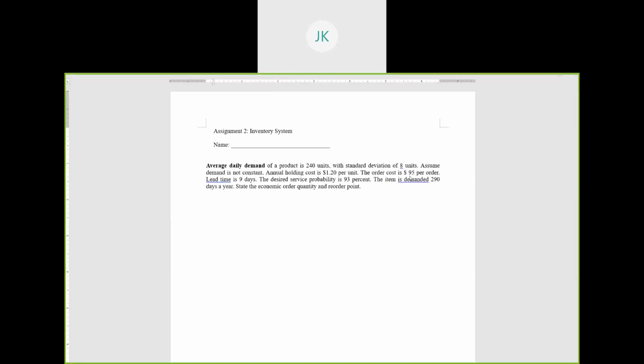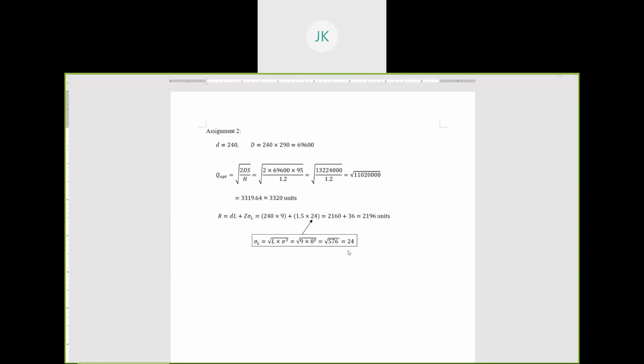Order cost is 95, and annual holding cost is $1.20. So you can get the Q using this formula: the square root of 1000 here, 11 million and 20,000.